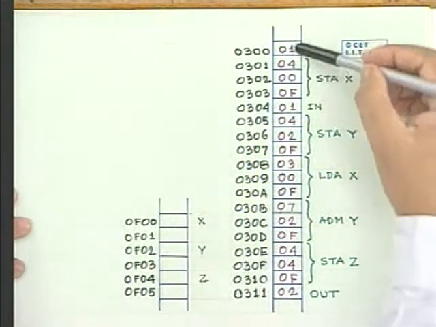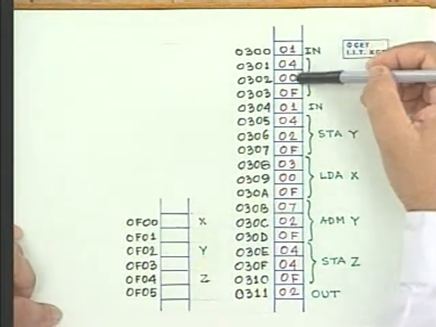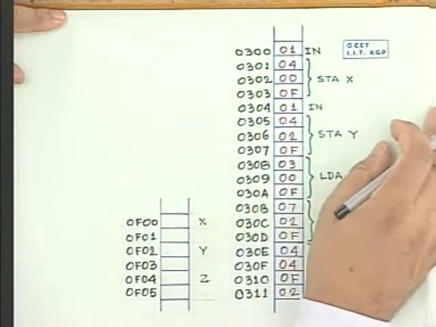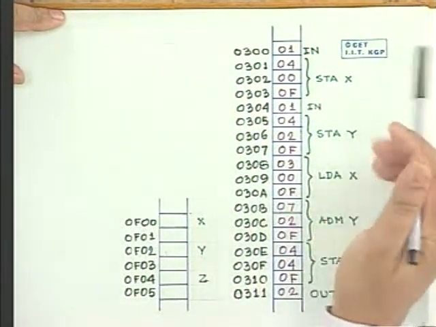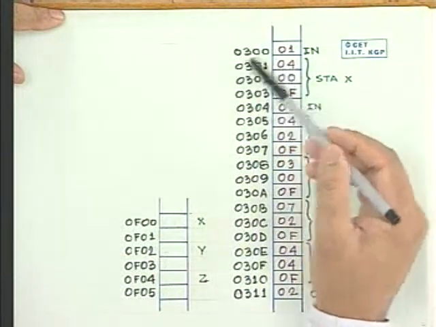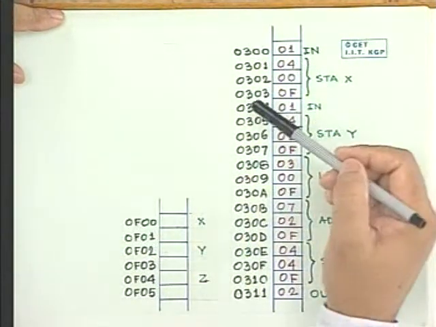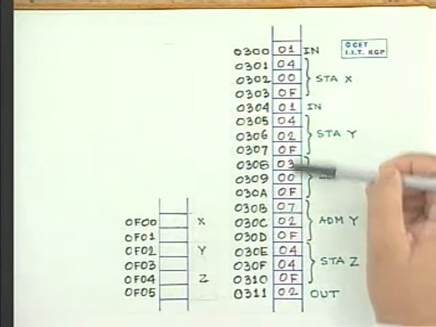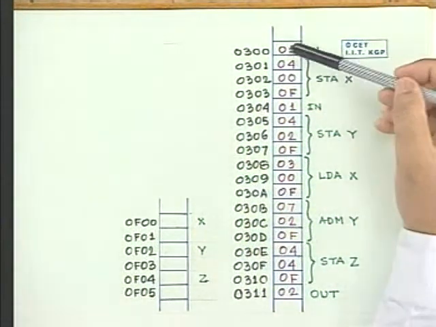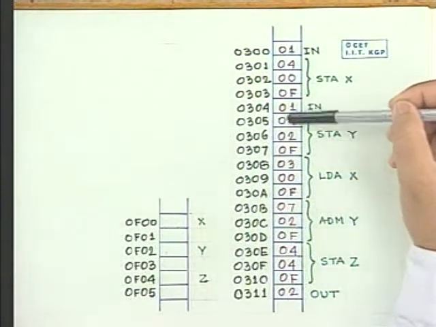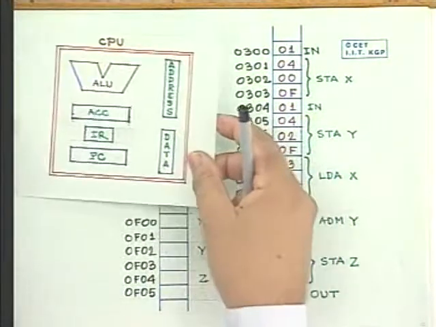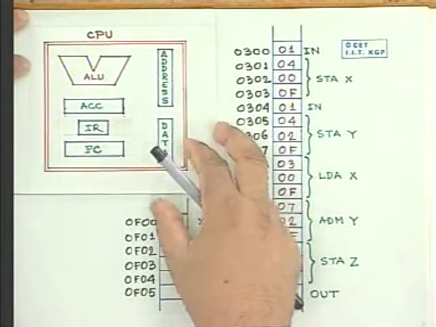Now, once these instructions have been loaded, which will be done by a loader from possibly secondary storage, floppy disk or hard disk, as you know, and once the program is in memory, the computer will start executing it. Let us see how the computer starts executing this program.